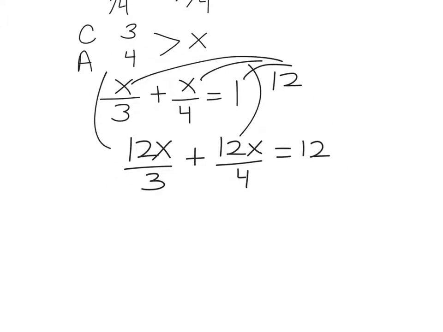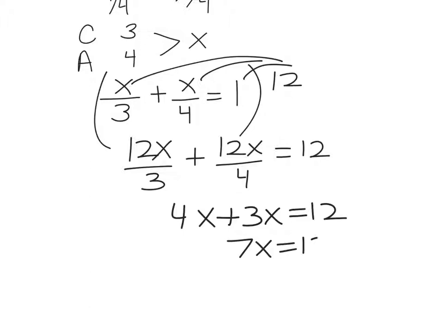Let's go ahead and reduce, because the reason why we multiply by 12 is so that we can clear our fractions out of there. So we get 4x plus 3x equals 12. And that makes 7x equals 12. And then divide by 7. 12 divided by 7 is about 1.7. So working together, it's going to take them 1.7 hours.